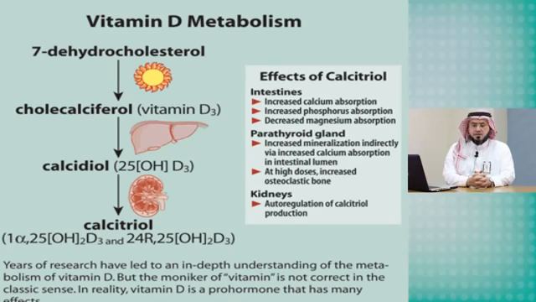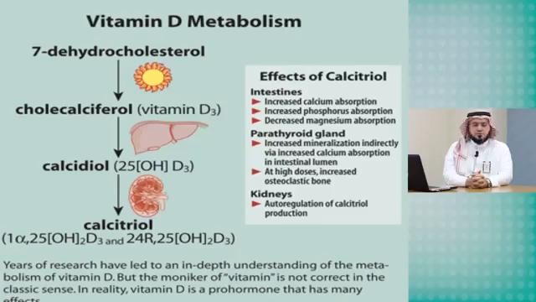Let's see what happens in vitamin D metabolism in the body. First of all, each of us has in the dermis layer of our skin a substance called 7-dehydrocholesterol. This substance, to be activated, should be exposed to ultraviolet rays from the sun. Ultraviolet rays activate this compound, and it will be converted into cholecalciferol.